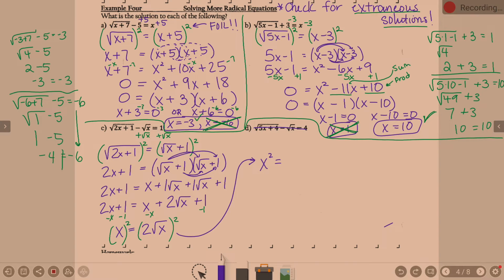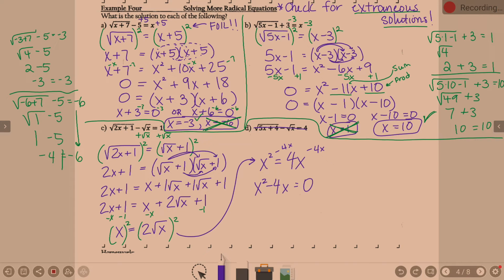When you take 2 square root of x and you square it, well, the 2 is outside, though. So when you square 2, you're going to get 4. When you square the square root of x, you're going to get x. So you get x squared equals 4x. And then you take the square root. You can't take the square root when this is a 4x. We need to quickly make it equal to 0, which means I'm going to subtract 4x. x squared minus 4x equals 0.